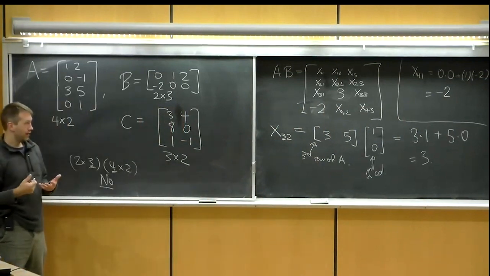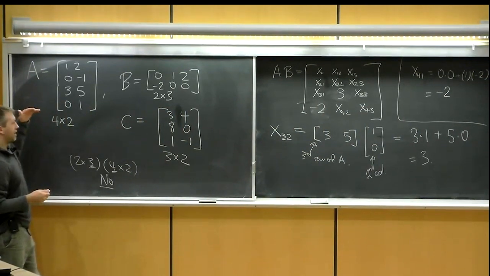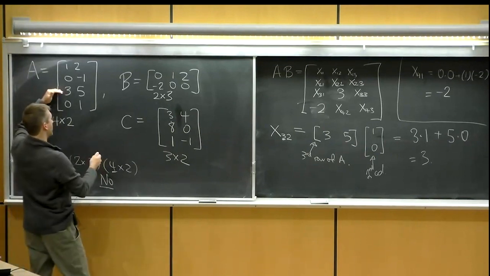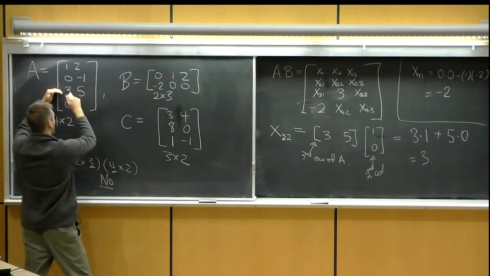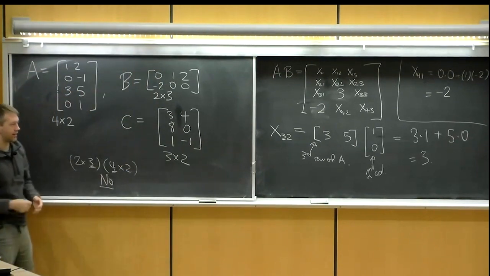And then you just keep filling in these values. If I want the entry in the third row, first column, I would take this row times this column, multiply, add them up, and that'll give you the value.